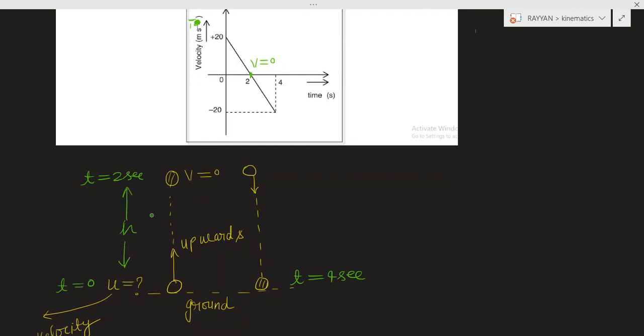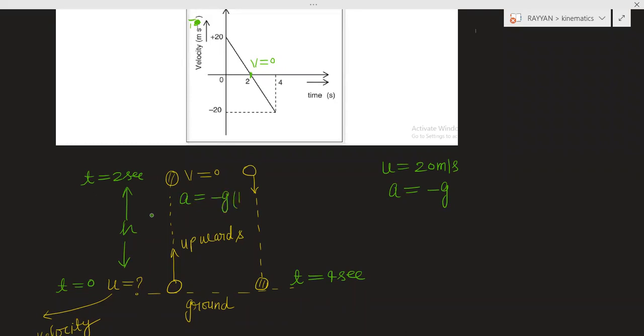So we can find, what is the initial velocity? That is 20 meter per second. And what is the acceleration? Acceleration will be minus g, because this is the motion under gravity. Why minus g?